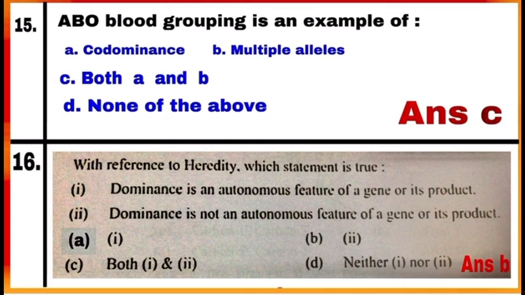In some cases, a gene expresses the phenotype irrespective of its homozygous or heterozygous condition. For example, homozygous T will produce tall and heterozygous T also produces tall. So the correct option is B. Statement 2 is true. So mark B as the correct answer.